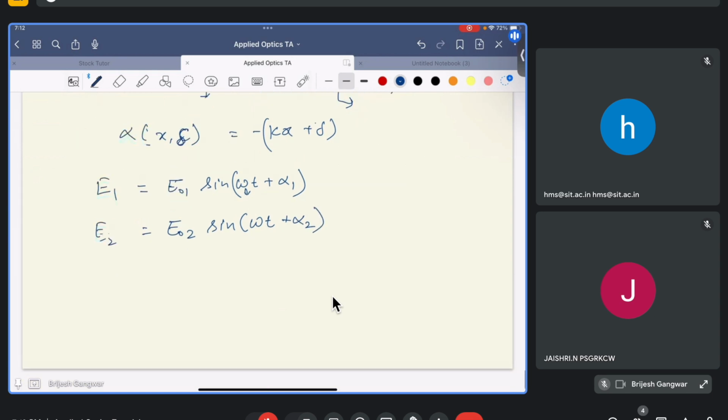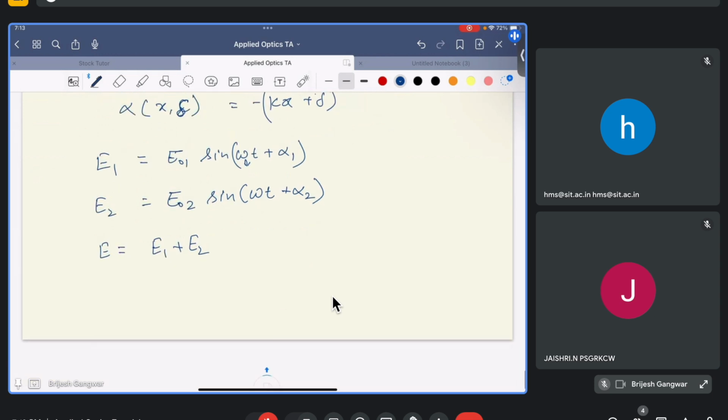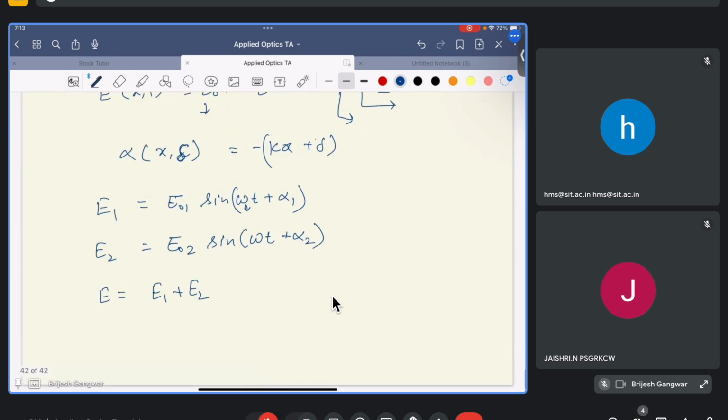Now if we add them algebraically, the resultant will be E1 plus E2. How can you write this?